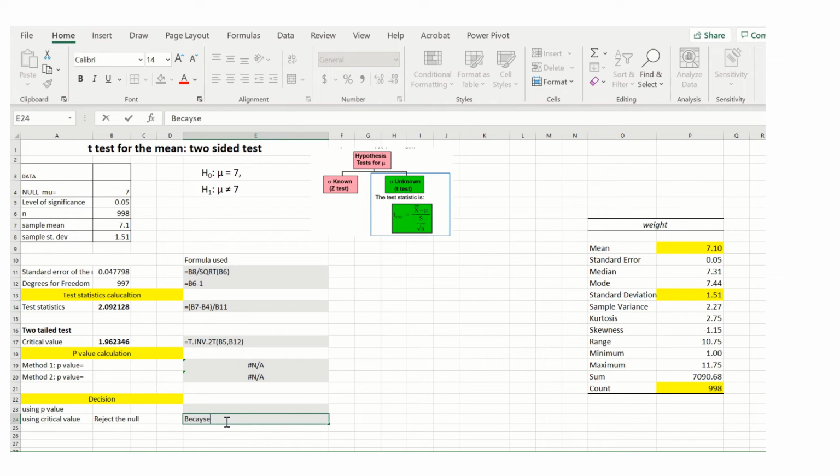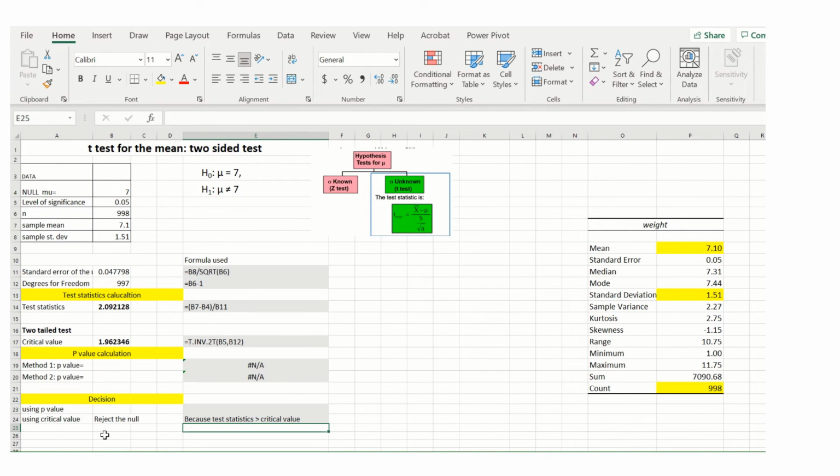Because the test statistic is higher than the critical value. This is one way of making a decision after conducting this proper test.